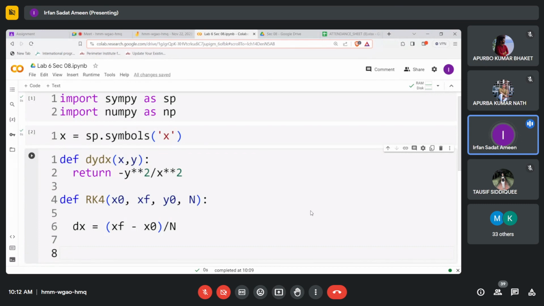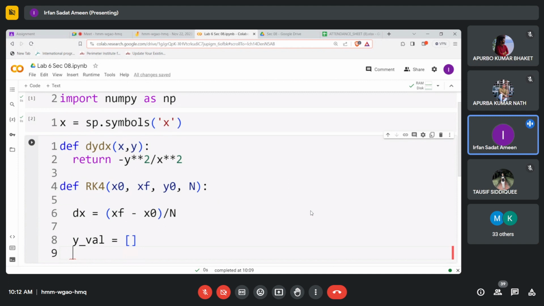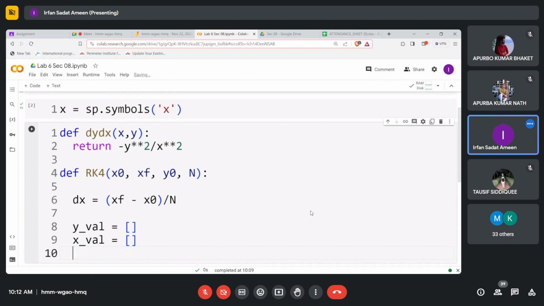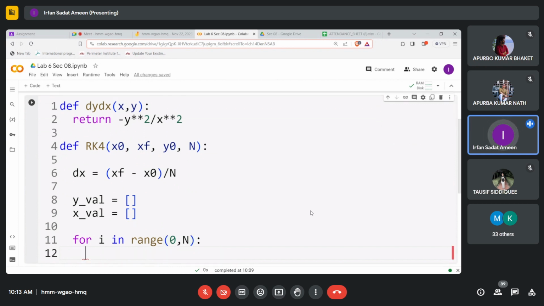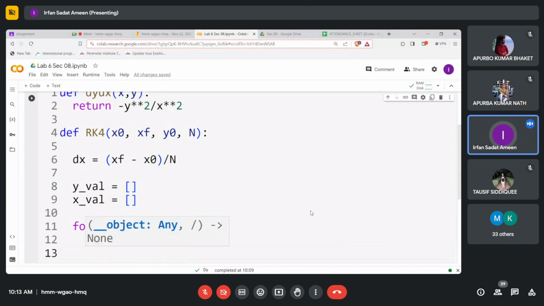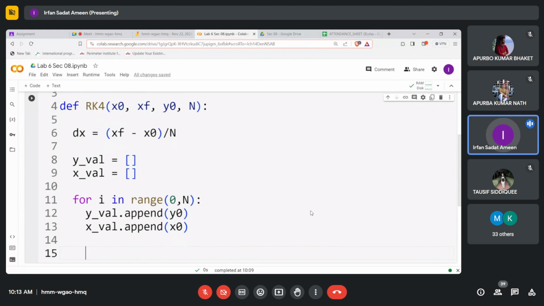And then আমাদের কি লাগবে, we will need to create two arrays, একটা বানাই y ভ্যালুর জন্য, so this will be this and x val. আমাদের কি লাগবে, we need a loop, so for i in range n, so এটা কিভাবে যাবে, so প্রত্যেকবার we will first append, so every time it enters the loop আগে ভ্যালুটা ভরে ফেলে, তারপর কাজ করে append append করব first y0 for y val and x value x0 হয়ে গেল.